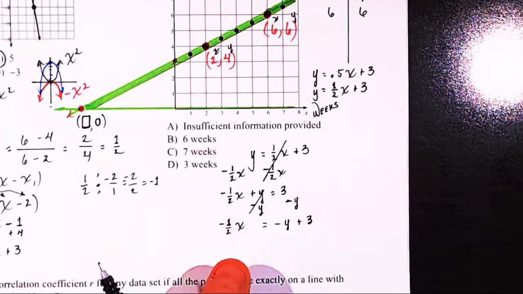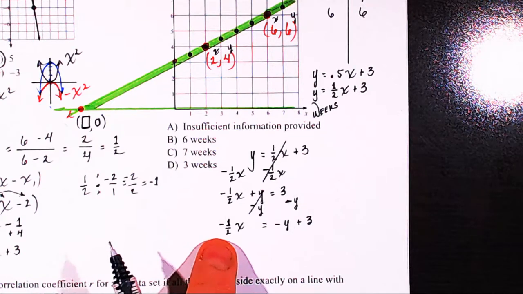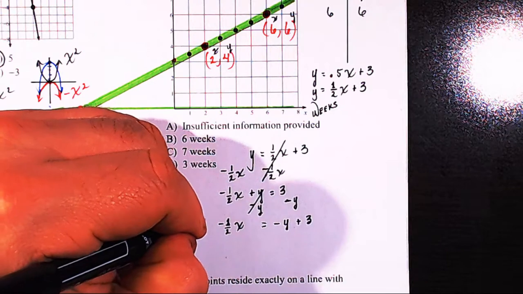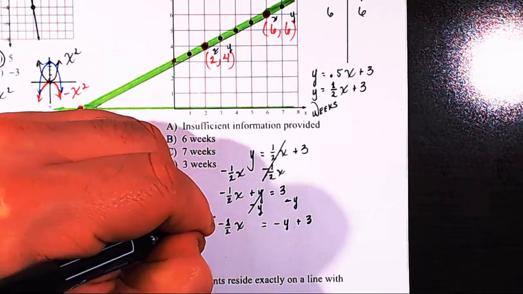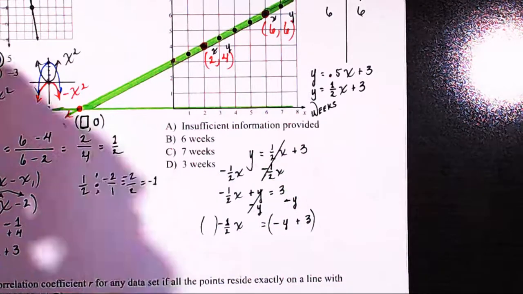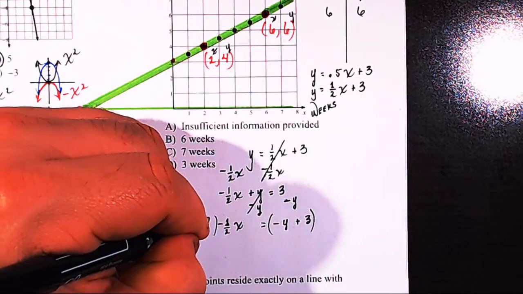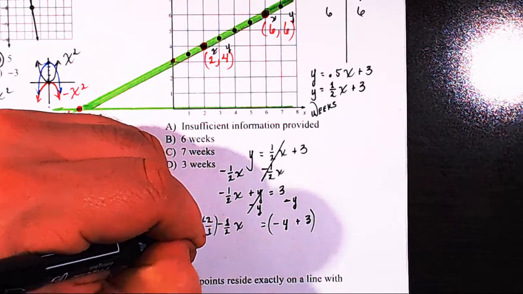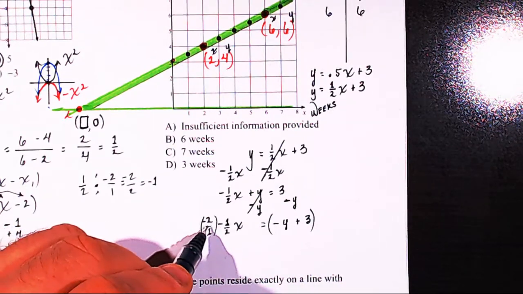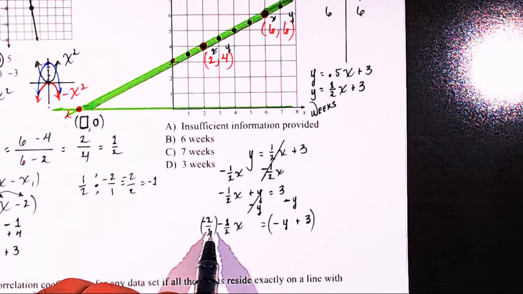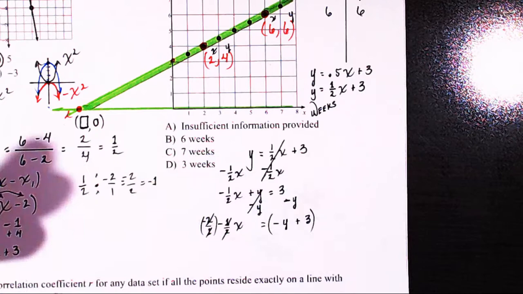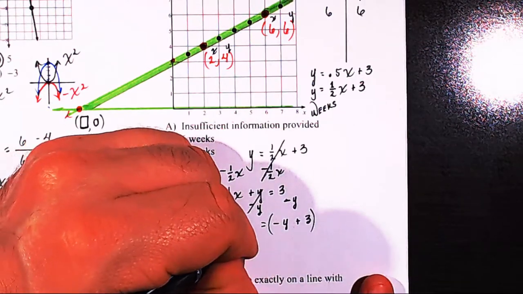Okay, the negative reciprocal of negative 1/2 would be a positive number. We just want the reciprocal, so we're going to multiply everything by negative 2 over 1. So I'm multiplying everything by negative 2 over 1. Here, this becomes 1, so these cancel. The 2's cancel, the 1's cancel, and you're just left with x equals.